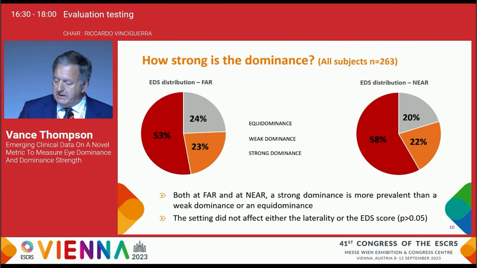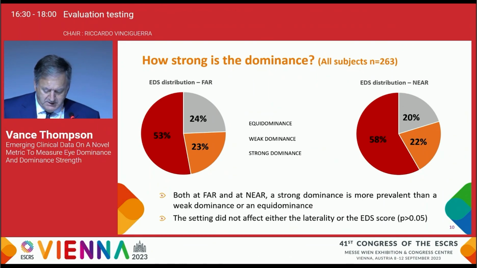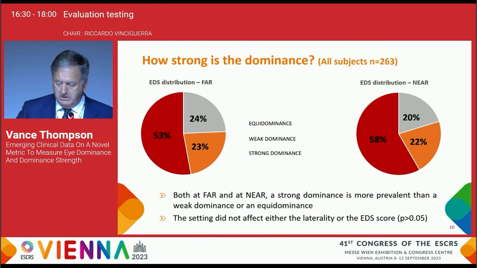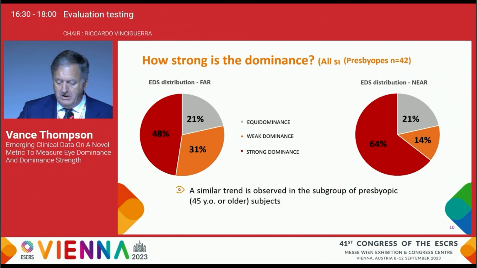And then we also looked at it at near, and that's one of the beauties of this technology: we can check dominance at near, intermediate, and distance, and found a relatively similar distribution. Again, this is the first time we've studied this, so I think we have more to learn.